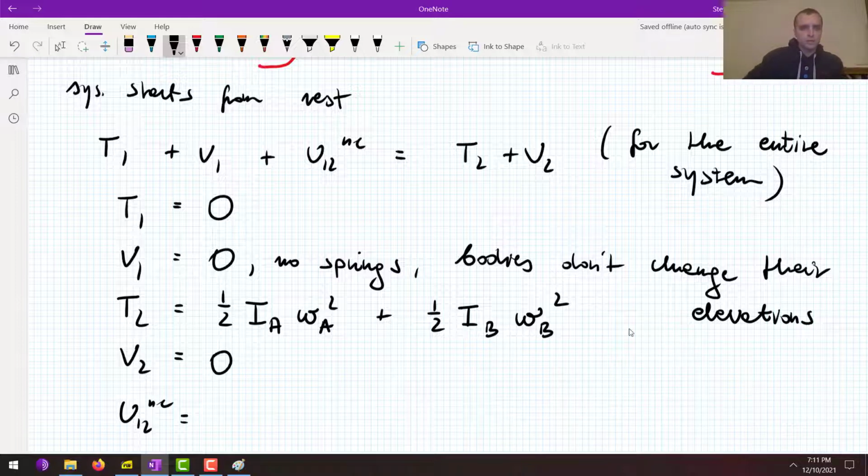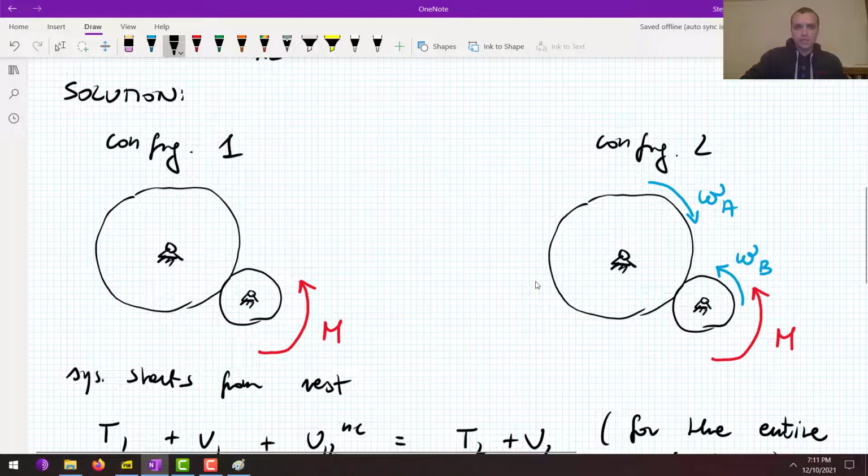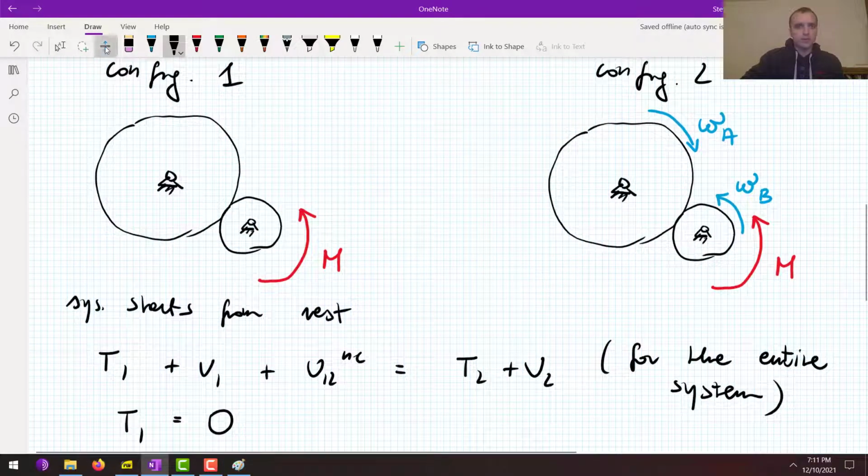Okay, how about the work of non-conservative forces? Because again, we have 80% of the problem done. Are there any non-conservative forces acting on our system? Yes, there are a couple of them on the entire system.